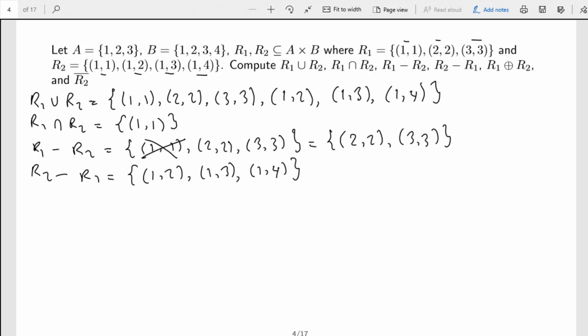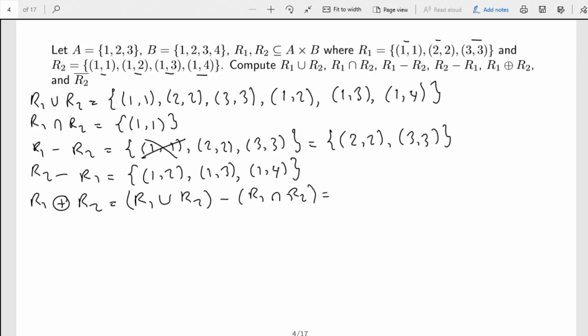Now the symmetric difference of R1 and R2, as in the definition, is the union of R1 and R2 minus the intersection of R1 and R2.